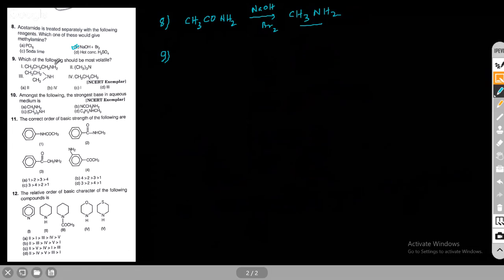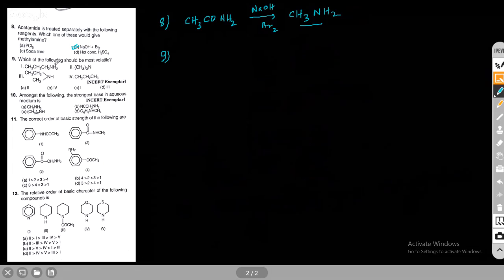What about hydrocarbon and tertiary amine? Tertiary amine is more volatile as no hydrogen bonding is present.